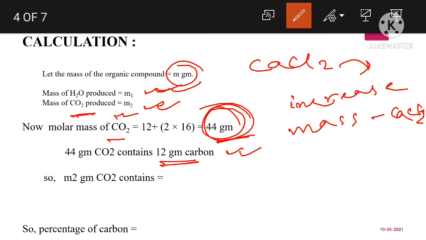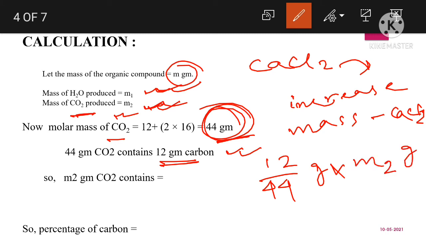By the unitary method, 44 gram carbon dioxide contains 12 gram carbon, so 1 gram carbon dioxide contains 12 by 44 gram carbon. m2 is the mass of the carbon dioxide, so m2 gram carbon dioxide contains 12 by 44 into m2 gram.